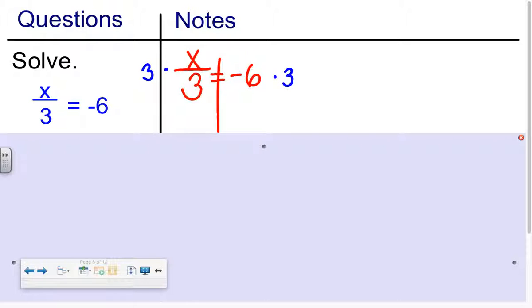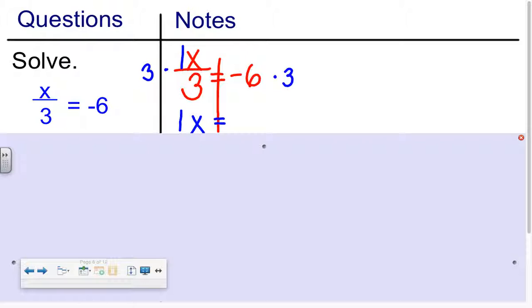You could also think of it as multiplying by the reciprocal. Because if you put a 1 next to this x, you're multiplying both sides by 3 over 1, which is again the same as just 3. So if you have 3 times 1 over 3, you'd end up with 3 over 3, which is just 1. Bring down the x.